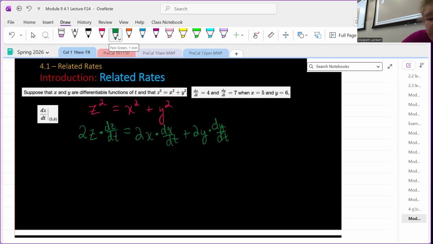So I know x and y though. In my snapshot, x is 5 and y is 6. And I know a formula that tells me how to relate x and y to z. So I'm going to take those numbers and solve for z using the original formula.